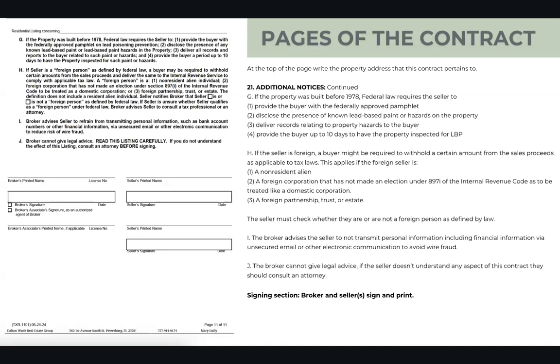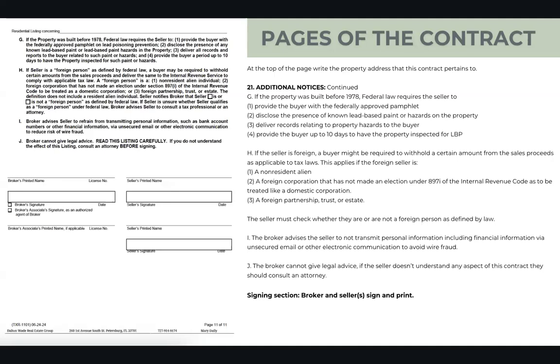If the seller is foreign, the buyer might be required to withhold a certain amount from the sales proceeds as applicable to law. This applies if the foreign seller is a non-resident alien, a foreign corporation that has not made an election under 897(i) of the IRC to be treated like a domestic corporation, or a foreign partnership, trust, or estate. The seller must check whether they are or are not a foreign person.